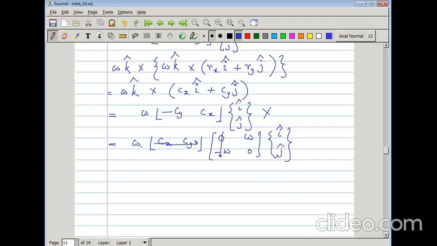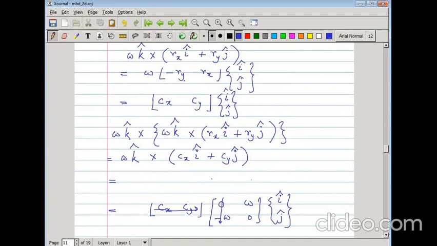So this and this are same, but during the second cross product we will follow this way of expressing the cross product in matrix notation. So we will not take this form, rather we will take this form.